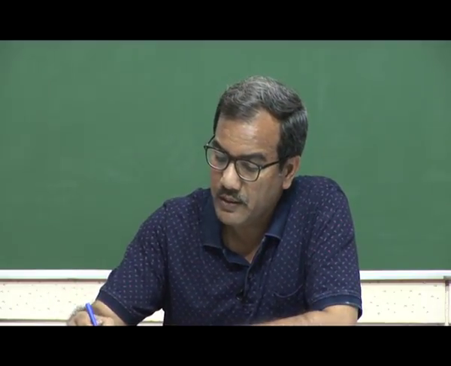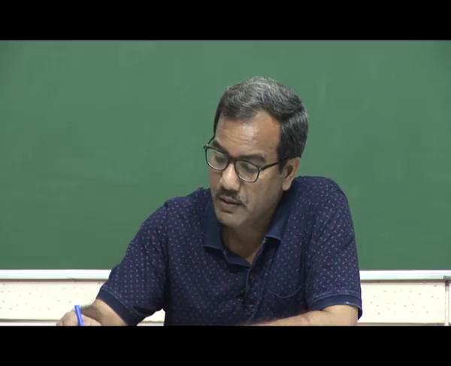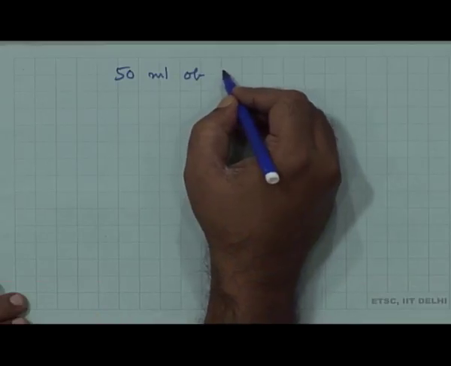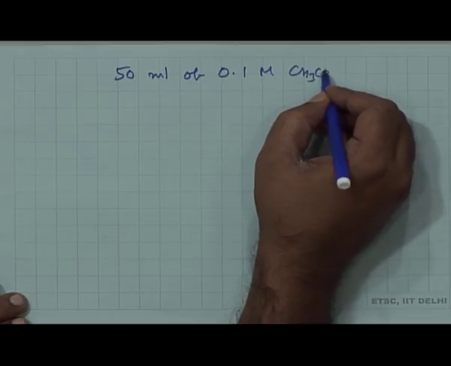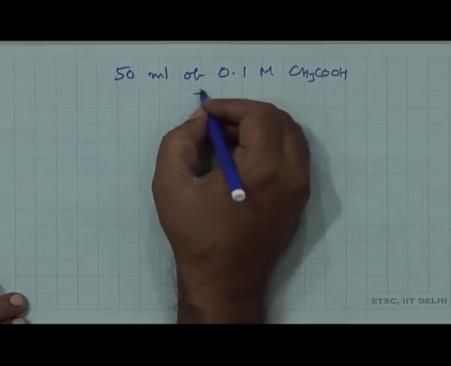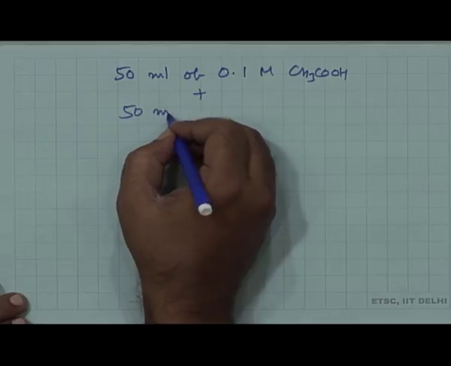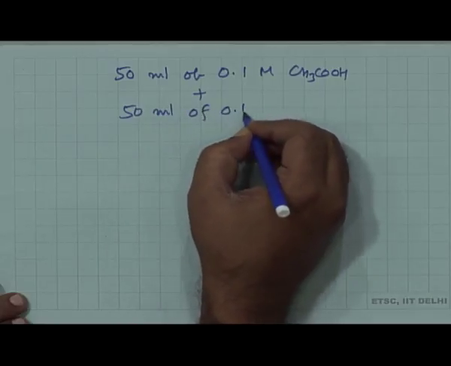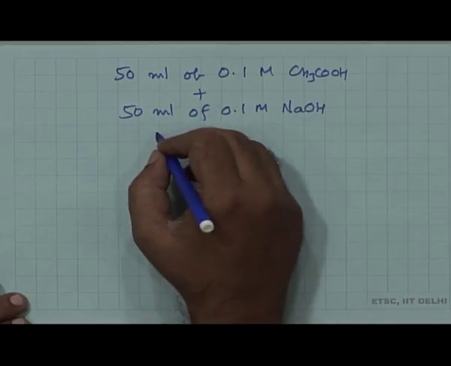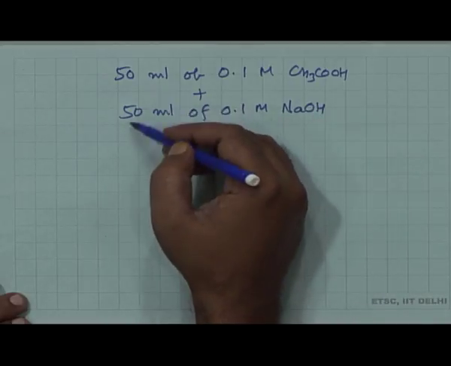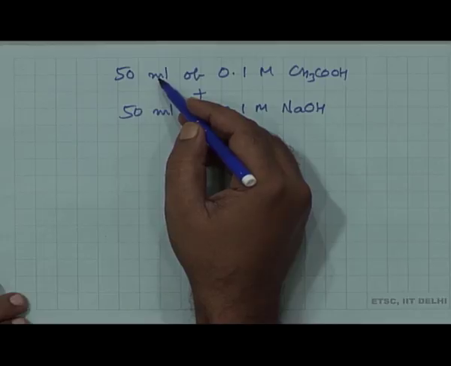Now, take another case when you add 50 ml of 0.1 molar NaOH to 50 ml of 0.1 molar acetic acid. So, equal volume is added.